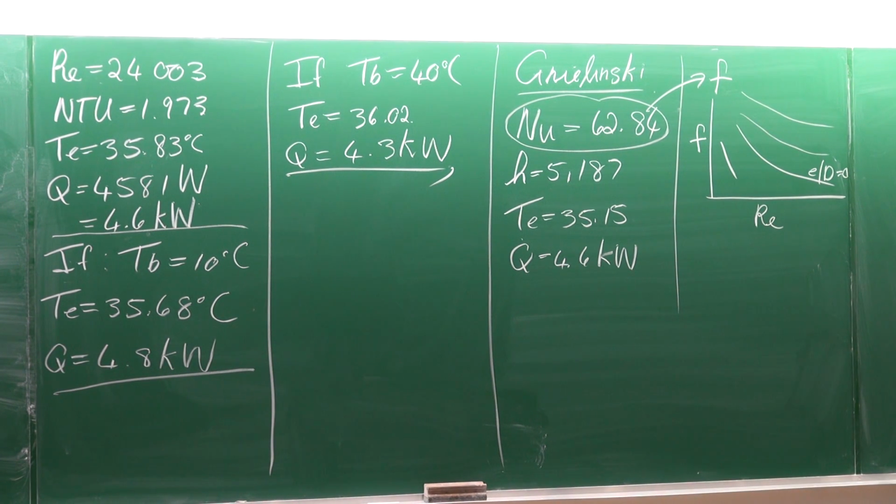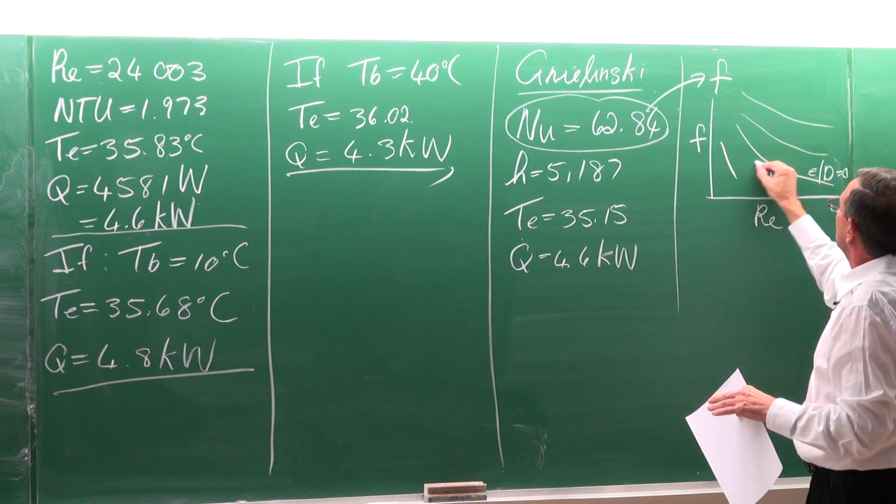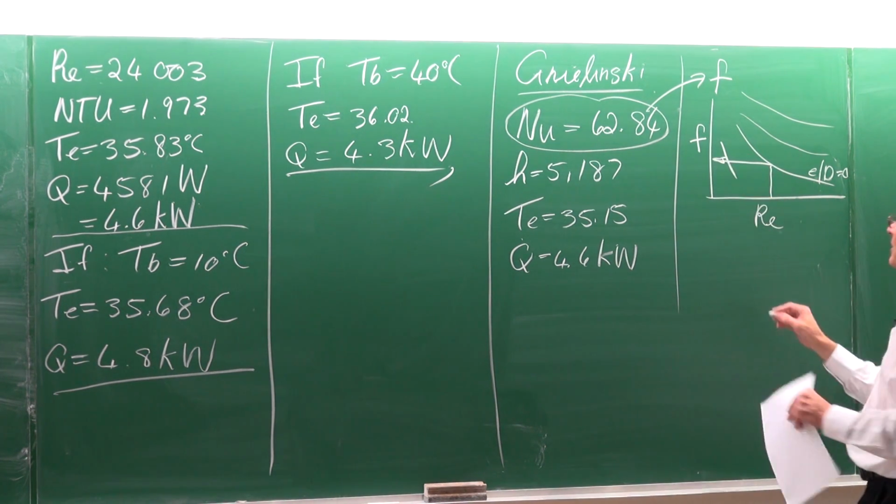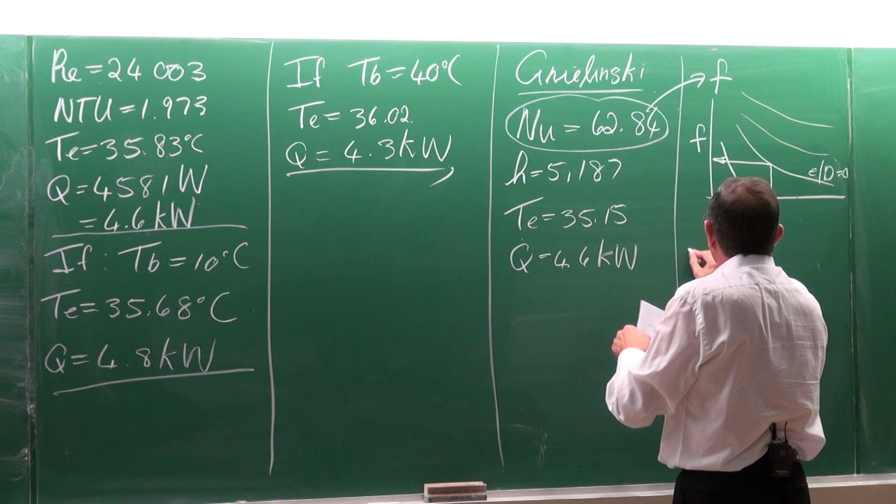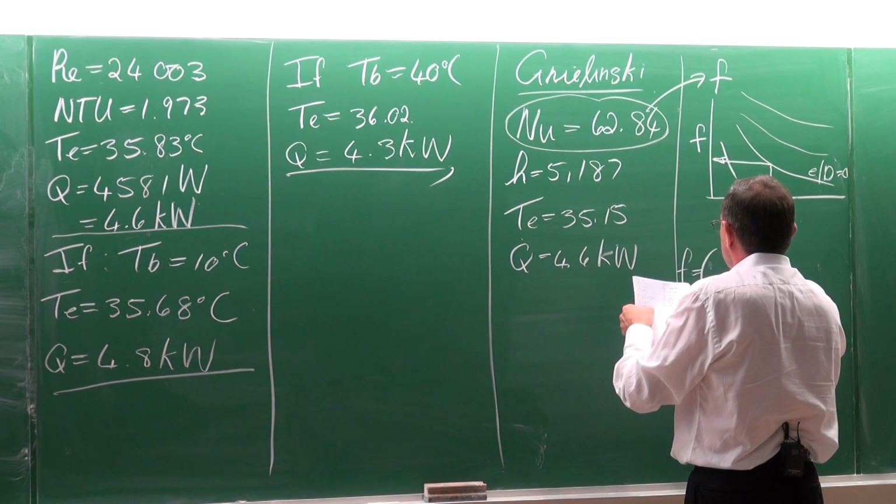Normally, these ducts are made from galvanized steel. If you measure that surface roughness and divide it by the hydraulic diameter, epsilon divided by d is normally in the order of 0.0004 and then something. So for all practical purposes, it's a smooth tube. At this Reynolds number, you can go and get the friction factor, or if you want to calculate it, you can calculate it from this formula.